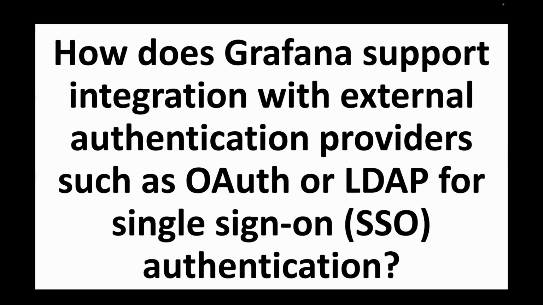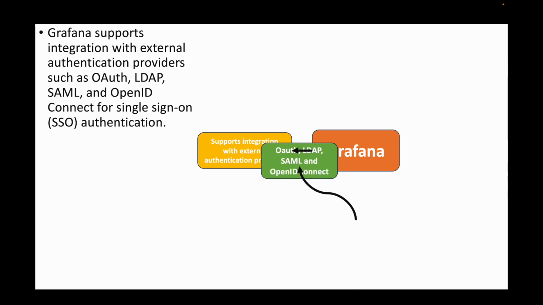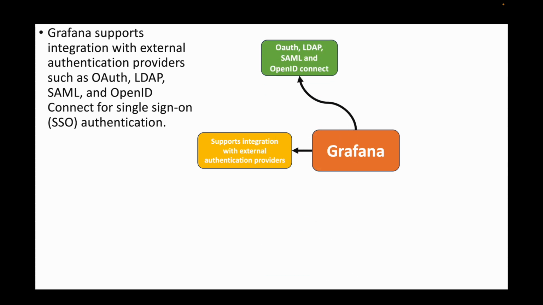The next question we have is, how does Grafana support integration with external authentication providers such as OAuth or LDAP for SSO authentication? So Grafana supports integration. Again, here we make use of plugins. So we can integrate Grafana with external authentication providers. It can be OAuth, LDAP, SAML, as well as OpenID Connect, which supports SSO authentication.